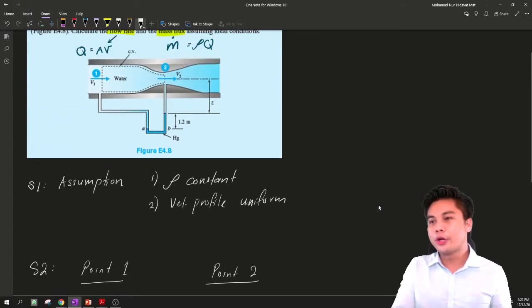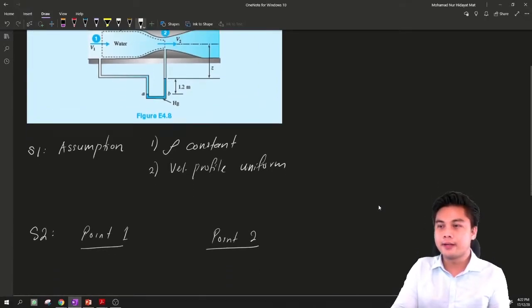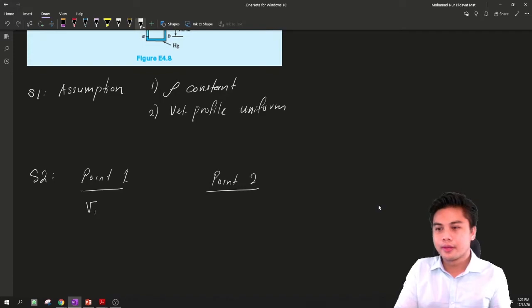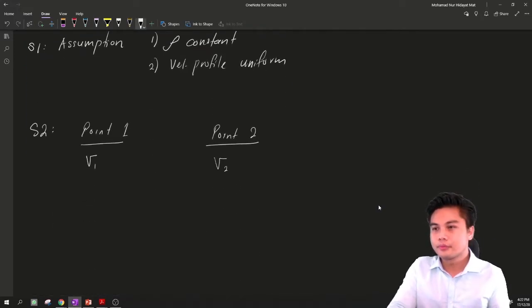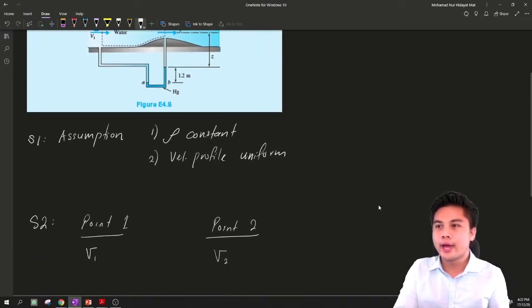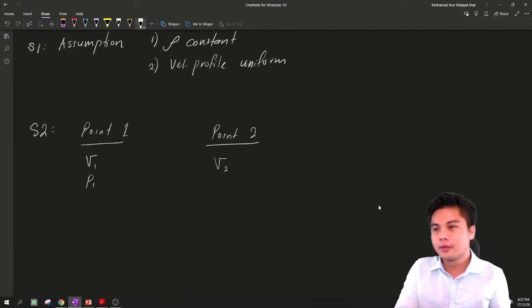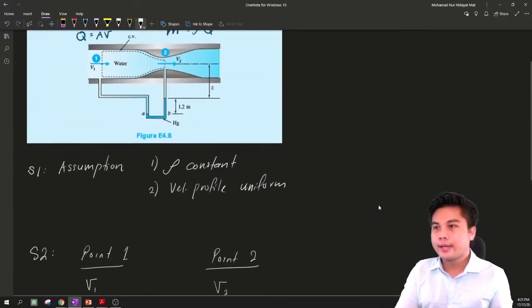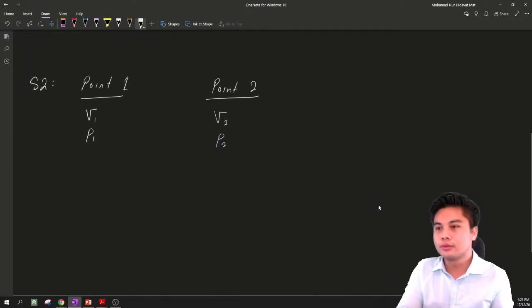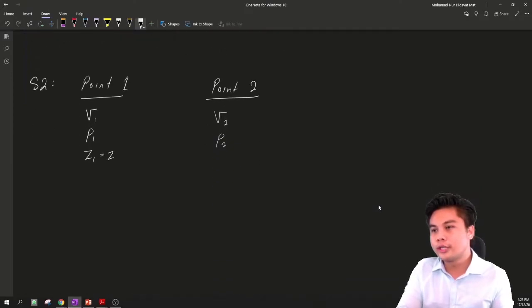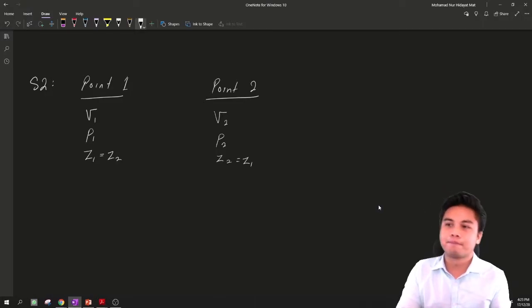What we have at point 1? We have velocity, definitely. And at point number 2, we have velocity. At point 1, we have pressure, and at point 2, we have pressure. And the elevation is the same, Z1 equal to Z2.